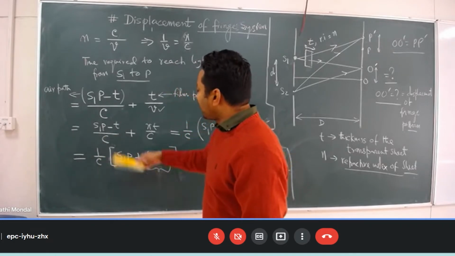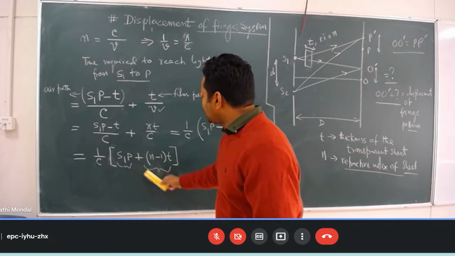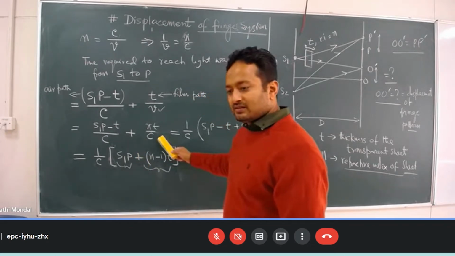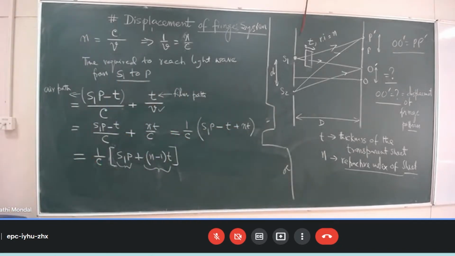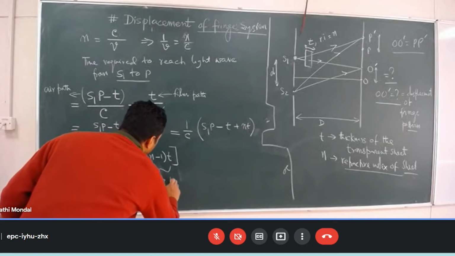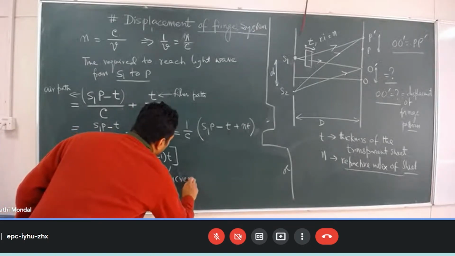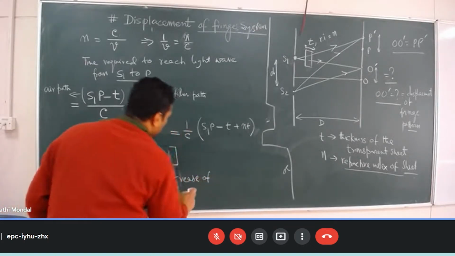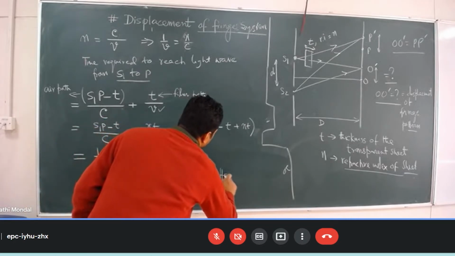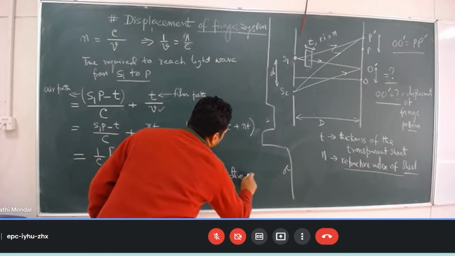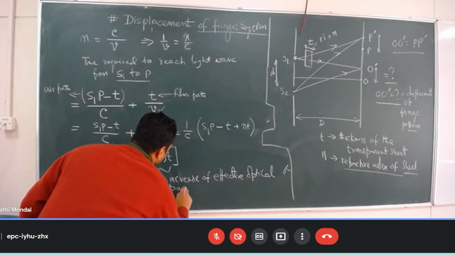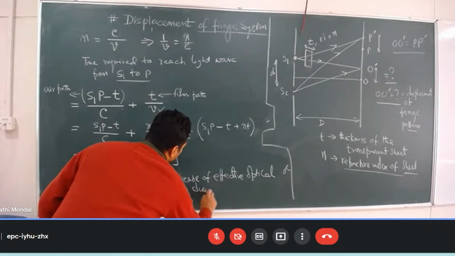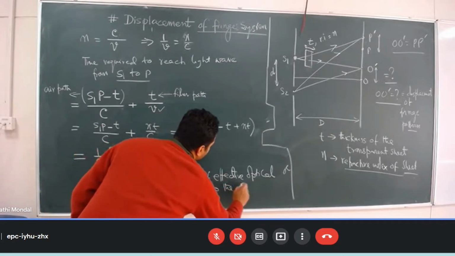Okay, so now after inserting, what happened? This much path length is increased. So this is the increase of effective optical path due to the thin sheet.